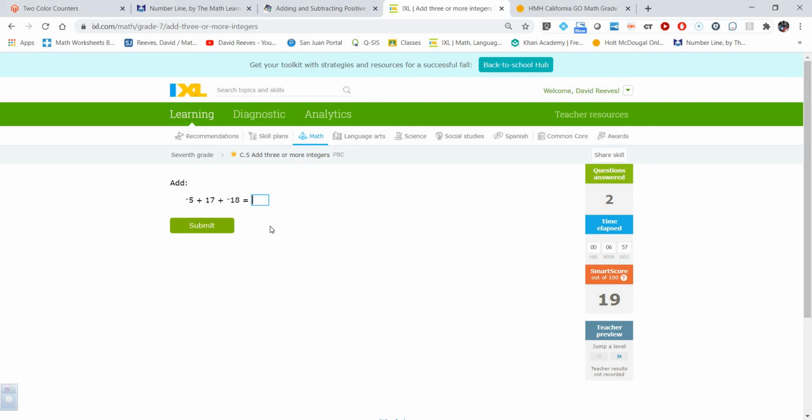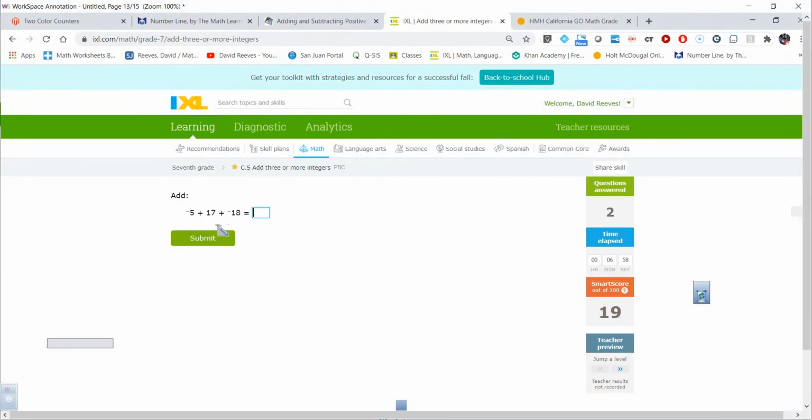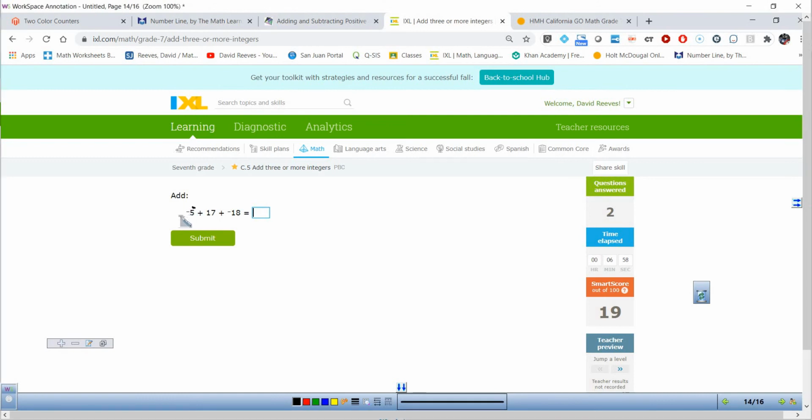Okay, so good. Here's an example of what I was talking about. So I'm going to go ahead and put this negative 5 together with this negative 18. Remember, when you add integers with the same sign, you just add their absolute value. So 5 plus 18 is 23, and then you keep the sign, so that's negative 23.